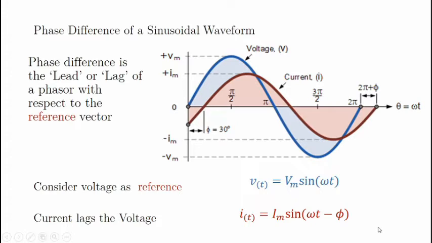So if you have two waves or two vectors of the same frequency, but they cross the zero values at different instants, then there is a phase difference between them. So in this case, we have the current lagging the voltage.